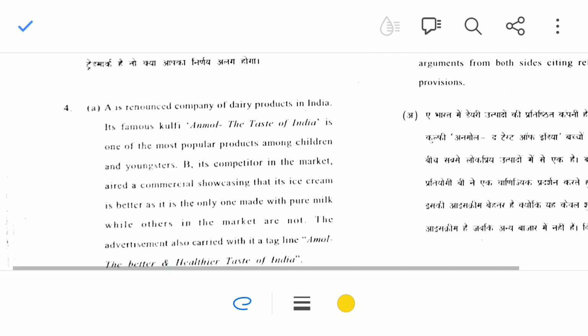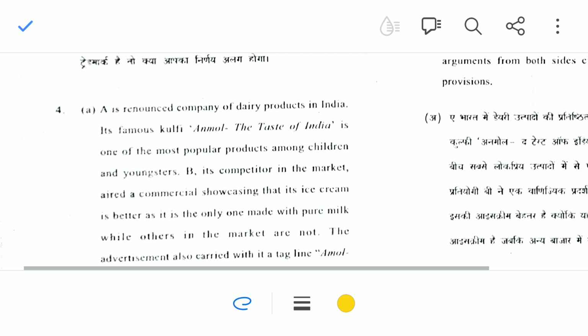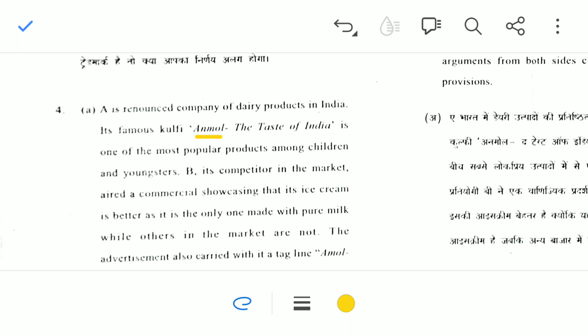Question number 4, A. A renowned dairy product company in India has its famous kulfi, Anmol, the taste of India, one of the most popular products among children and youngsters.